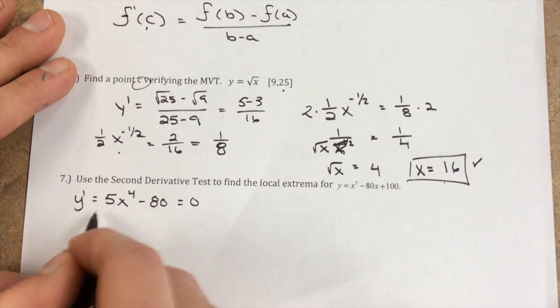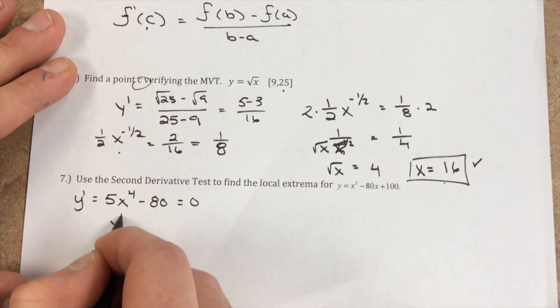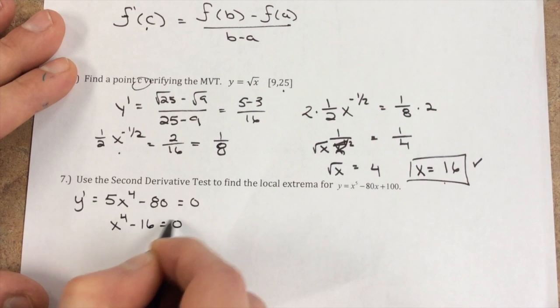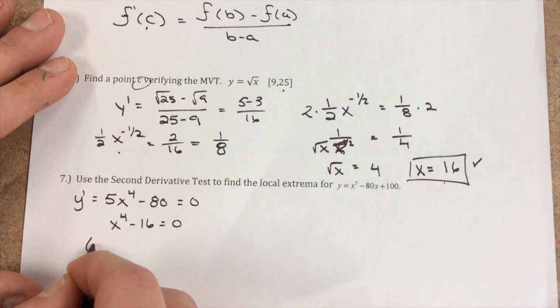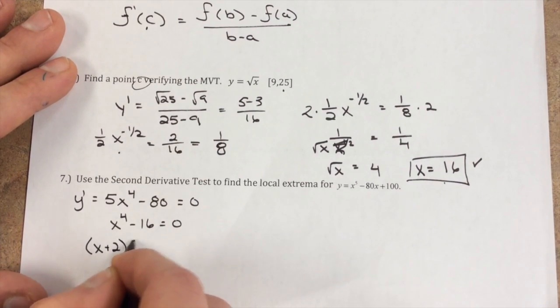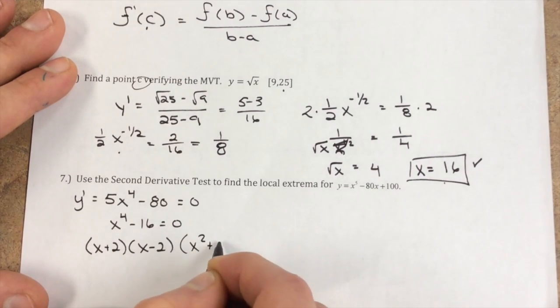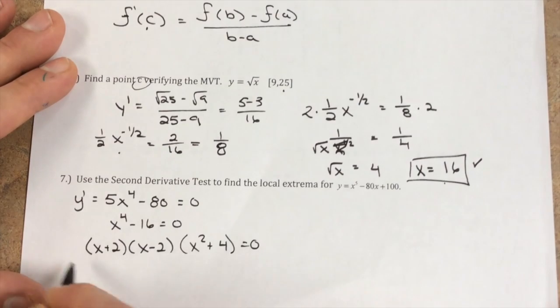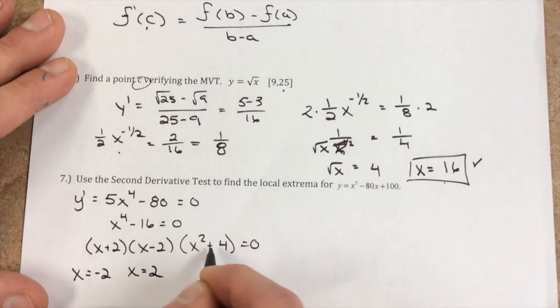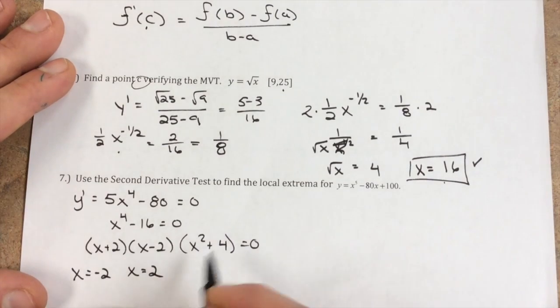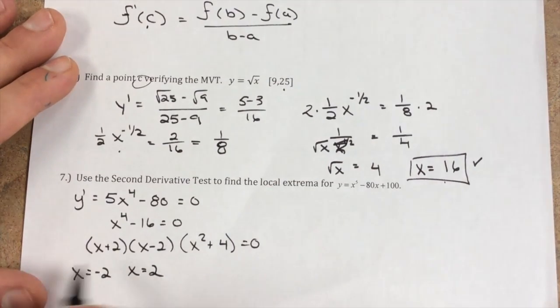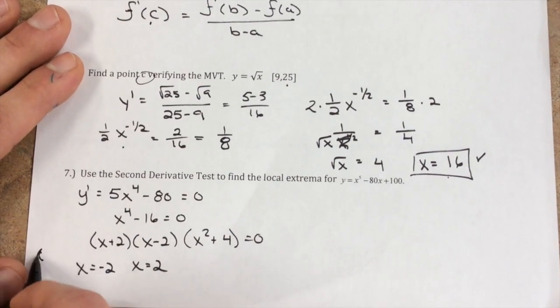So factor out, divide everything by 5, I get x to the fourth minus 16 equals 0. Factor that, I get x plus 2, x minus 2, x squared plus 4. So x equals negative 2, x equals 2. These give me imaginary numbers, so I ignore them. So here are my critical points.